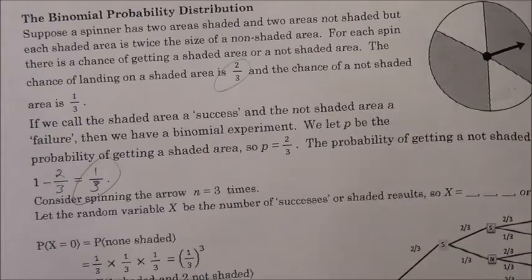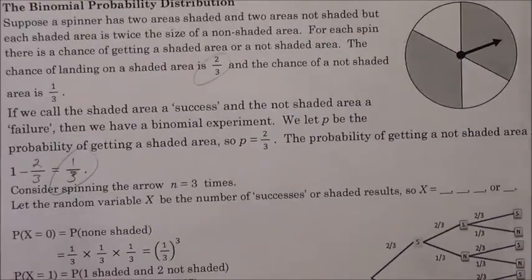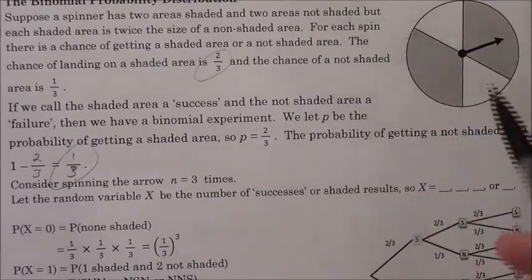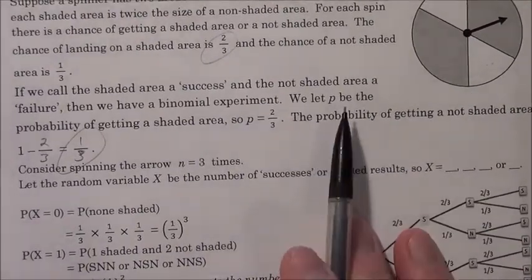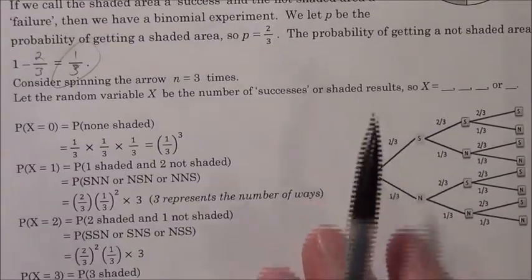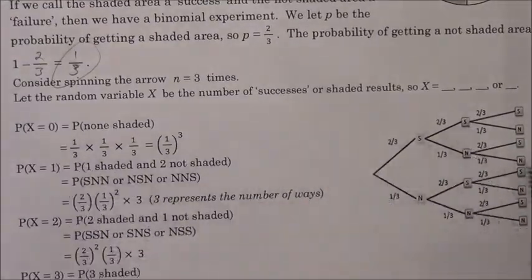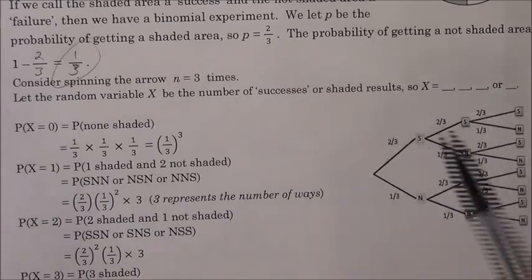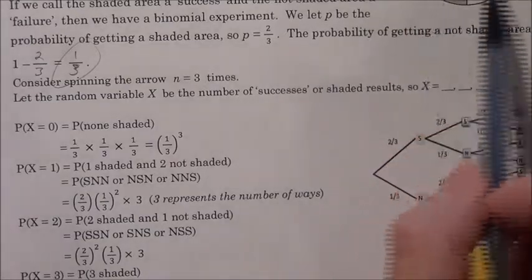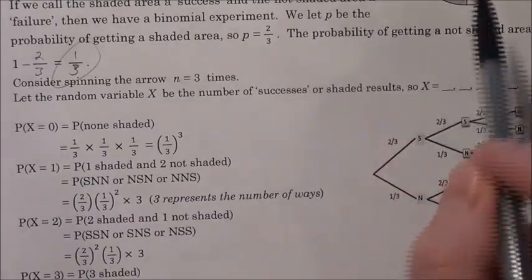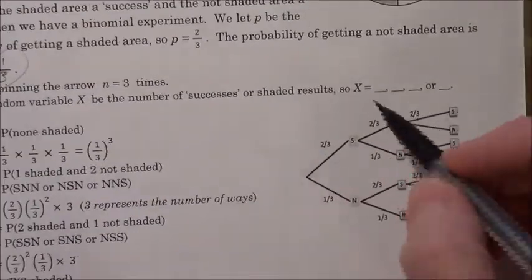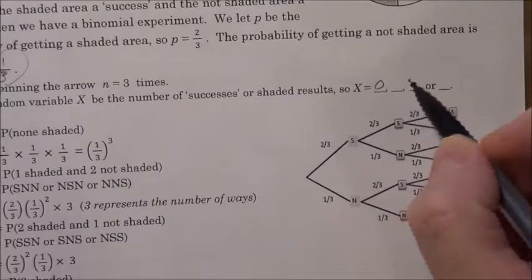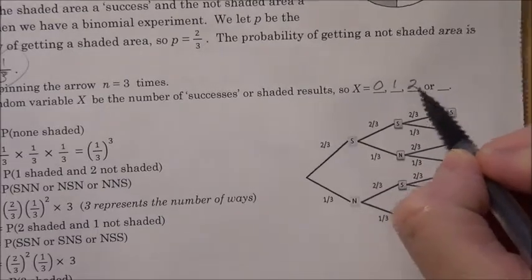So suppose we spin the arrow a few times, and let's say it's 3 times. Then we can set up this tree diagram here, and we can say that, well, if we spin it around, the possibilities, the random variable x, could either equal 0, 1, 2, or 3.